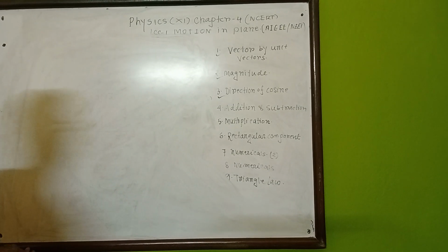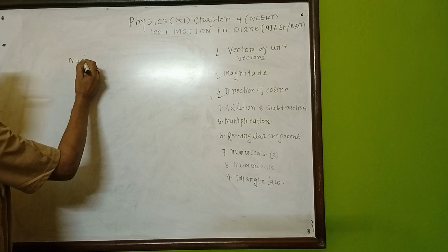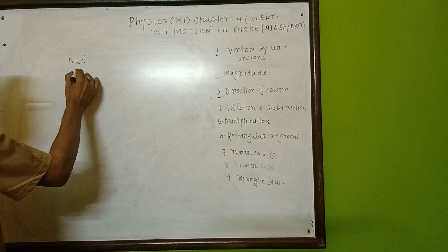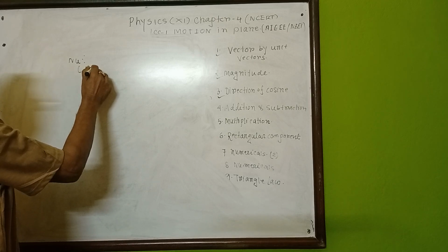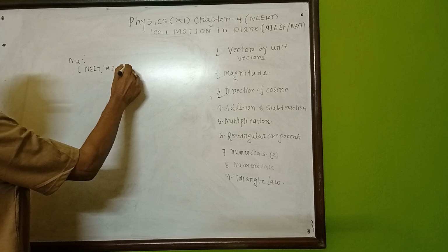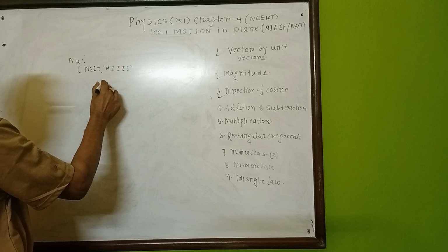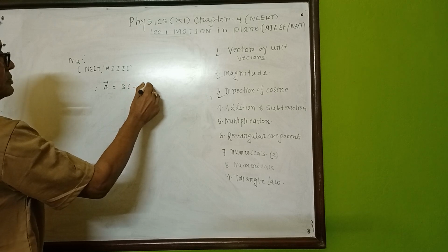Suppose the vector is given, numerical 1. It is a JEE level or NEET level question I am giving, a question set of this type. A is a vector, 3i plus 2j.